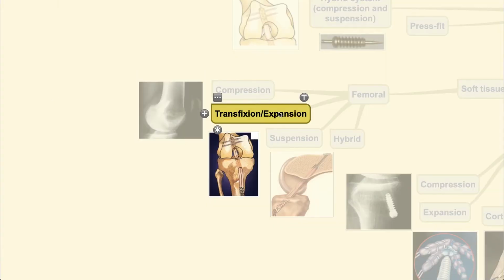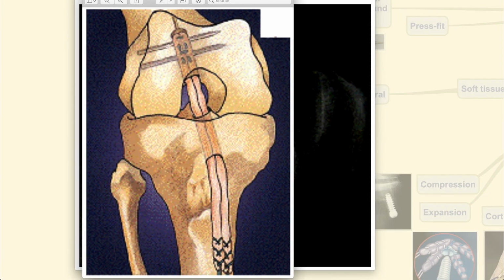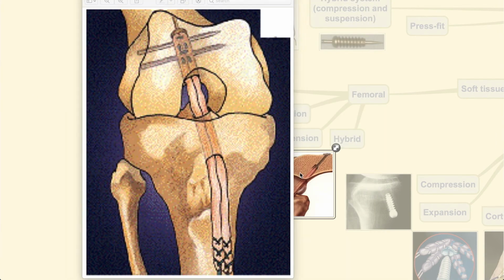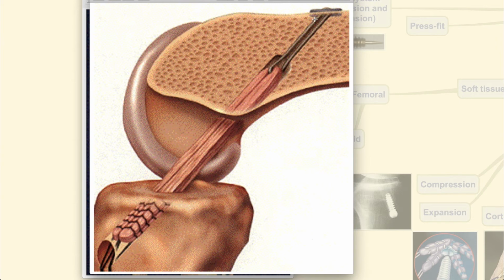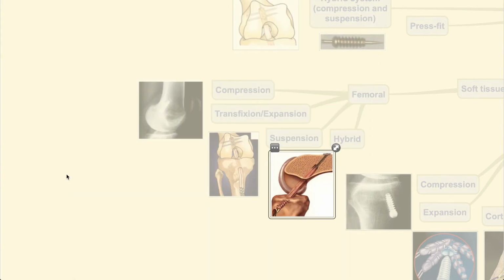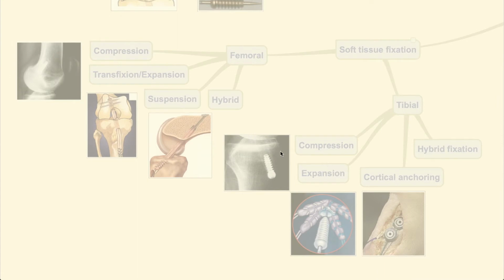It could also be transfixed using pins that hold it in place, or it could also be suspended. Now a lot of implants nowadays use this suspension system, or sometimes they call it buttons. You put on buttons here and then you screw it here, and that is one of the most commonly used techniques nowadays. You suspend it away from its original position, and there is also the hybrid technique.